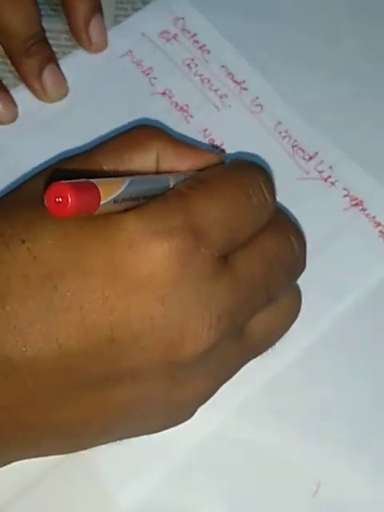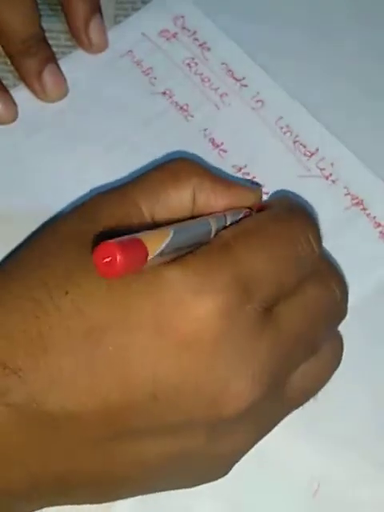Okay, we'll add the method now. Public static, return type is node, then delete operation will pass front as argument here.